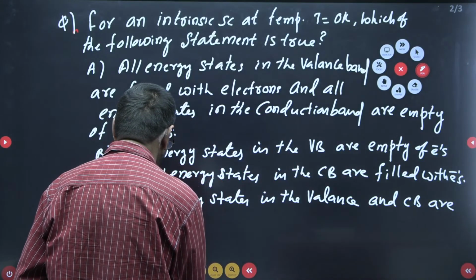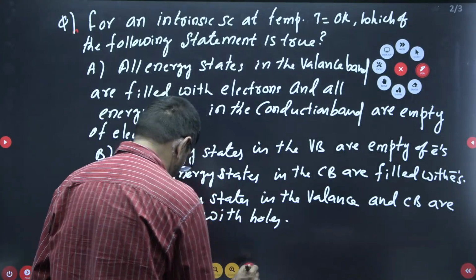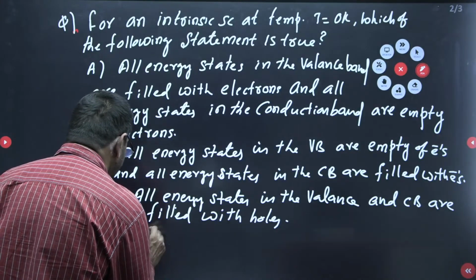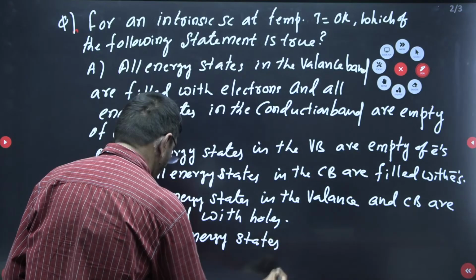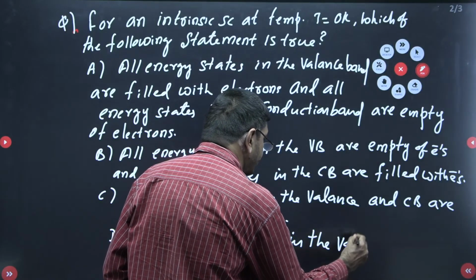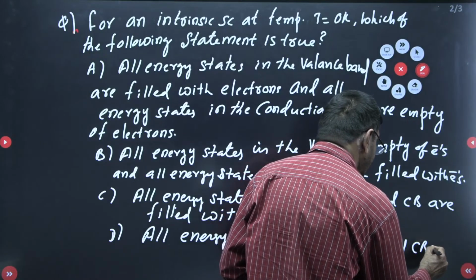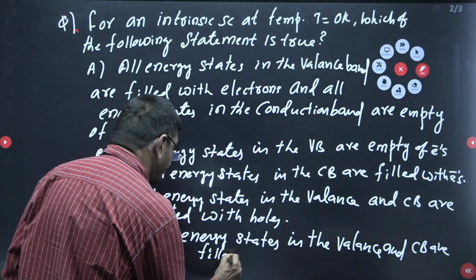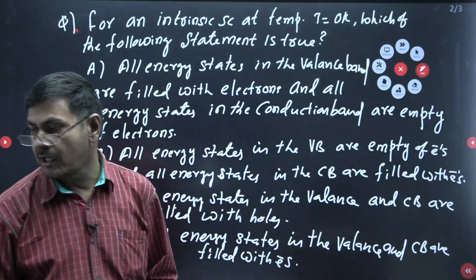And option D: all energy states in the valence and conduction bands are filled with electrons. These are all the four options given here.